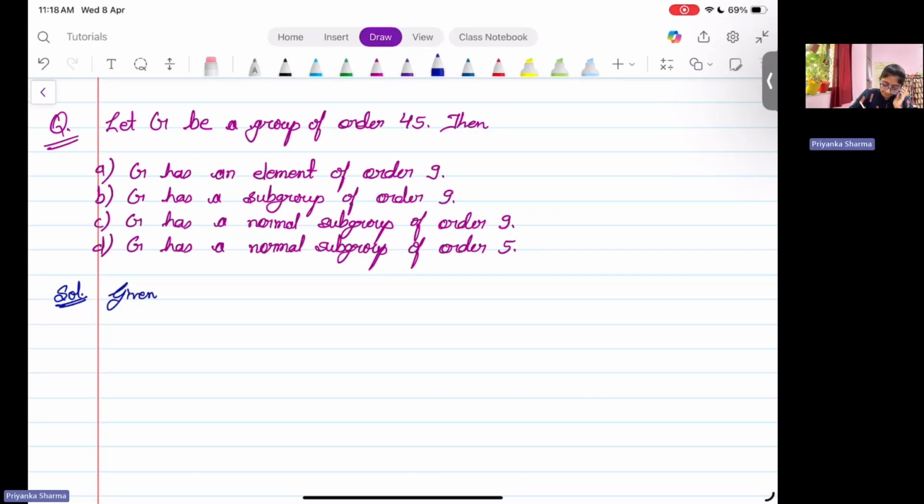We have a finite group whose order is 45. 45 means 3 squared into 5. So in the prime factorization form, we have two primes, 3 and 5. Thus, G will have 3 Sylow subgroups and 5 Sylow subgroups.